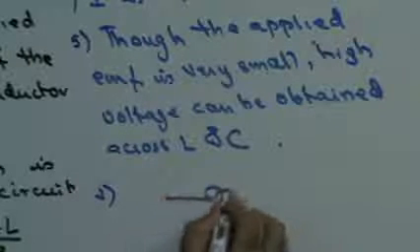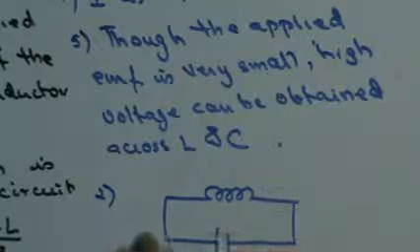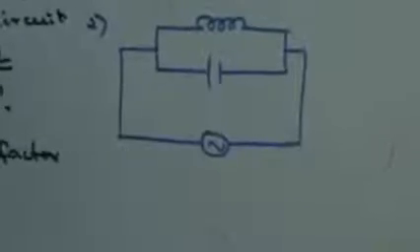Fine. Next, let's see an LCR circuit in parallel. We saw a series LCR circuit. Now let us see a parallel LCR circuit. First, let's just see the inductor and the capacitor in parallel, applied across an AC EMF, right?